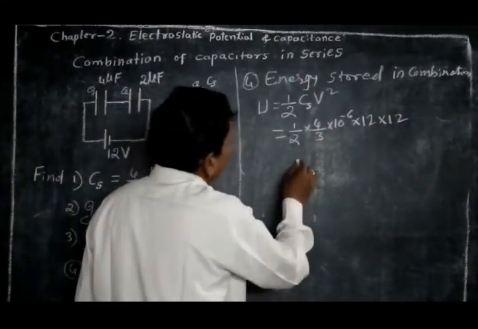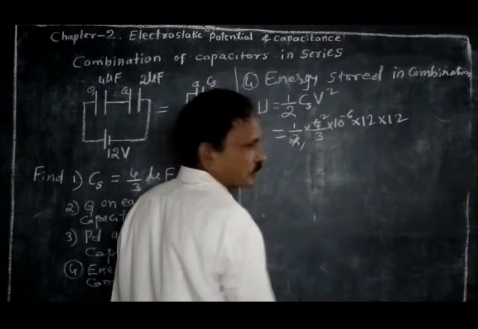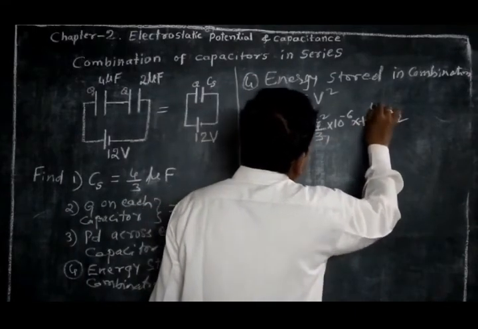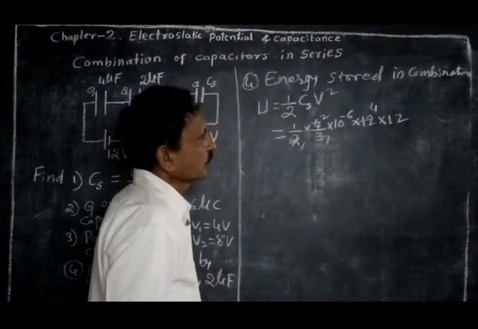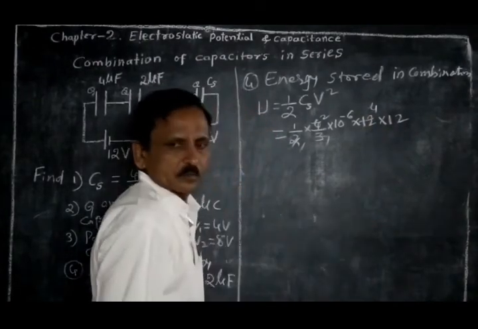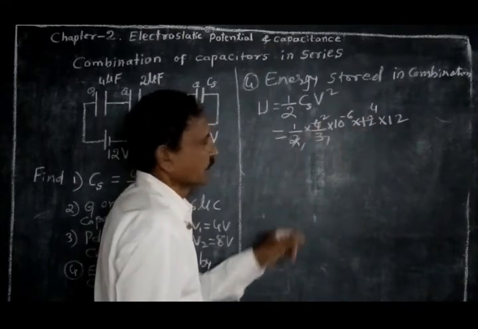Here 2 ones are 2, 2 twos are 4, 3 ones are 3, 3 fours are 12, 12 into 4, 48 into 2, 96.